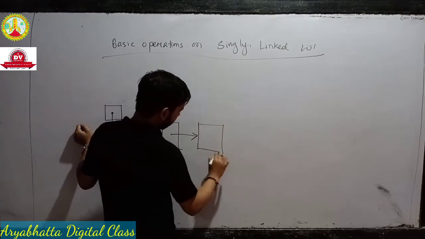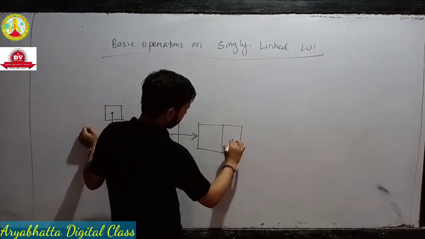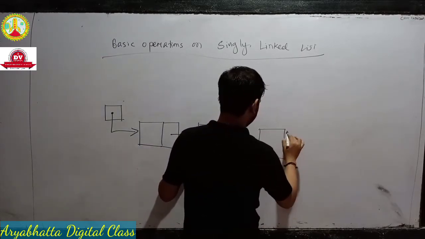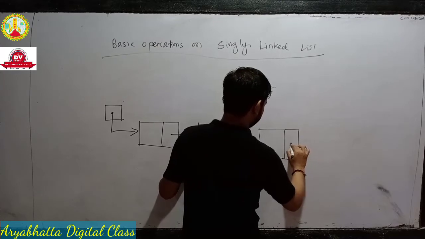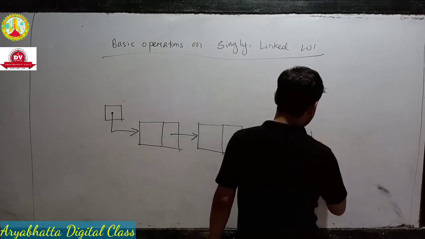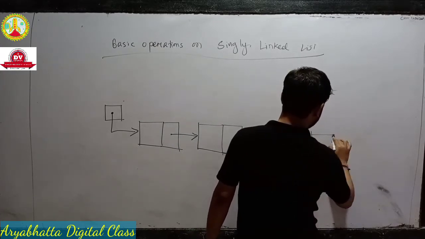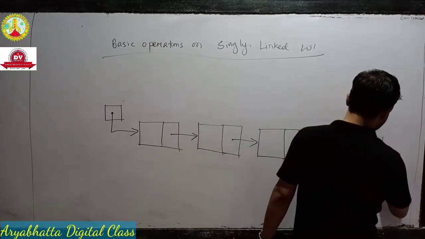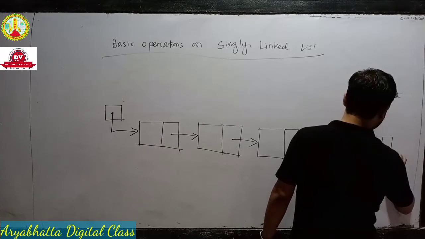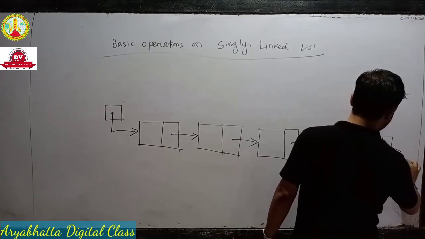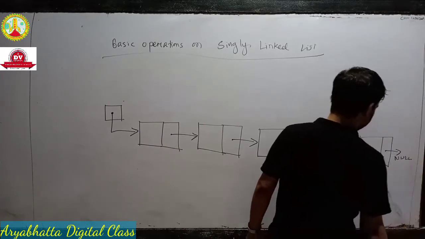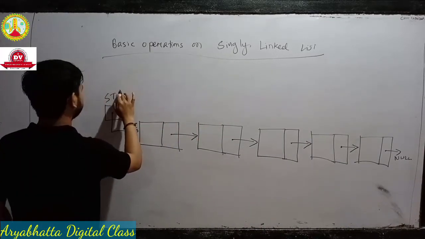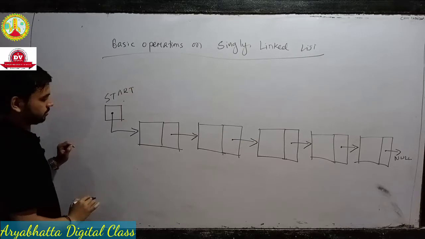This is the node, and I already told you a node contains two parts. The first one is called information, which contains the element with a valid C++ data type, and the second part contains the memory address of the next node. This is called start.